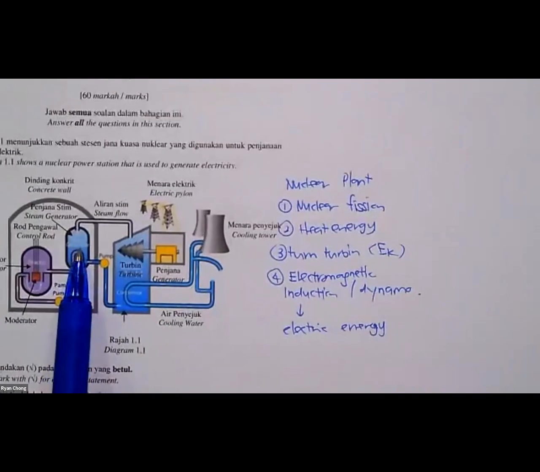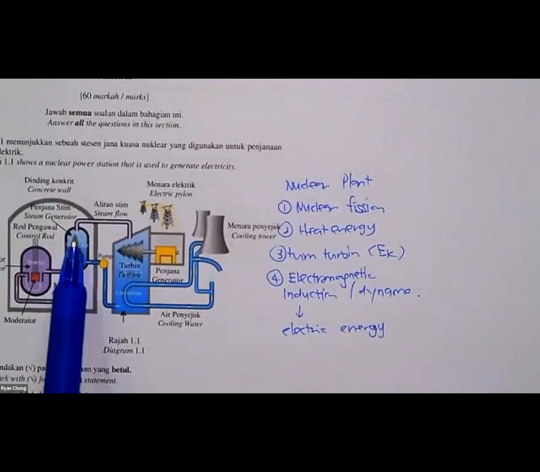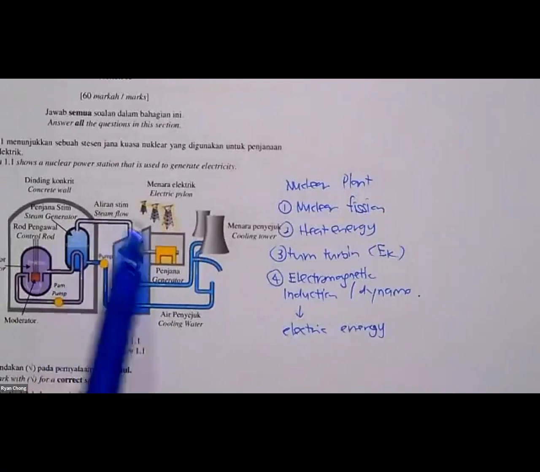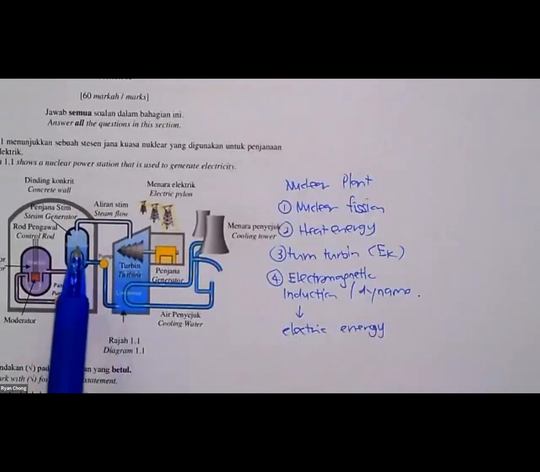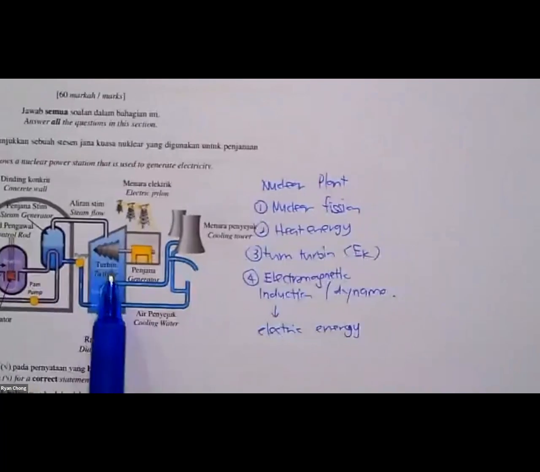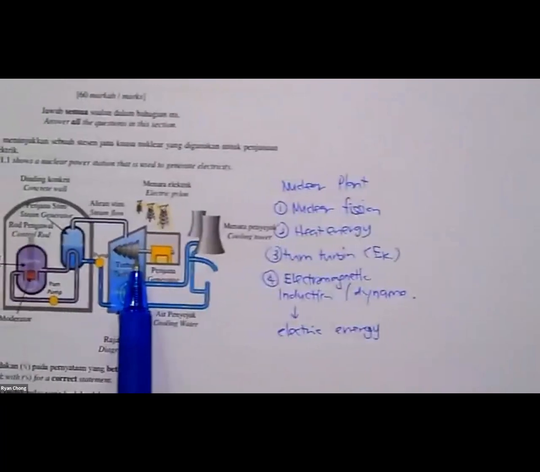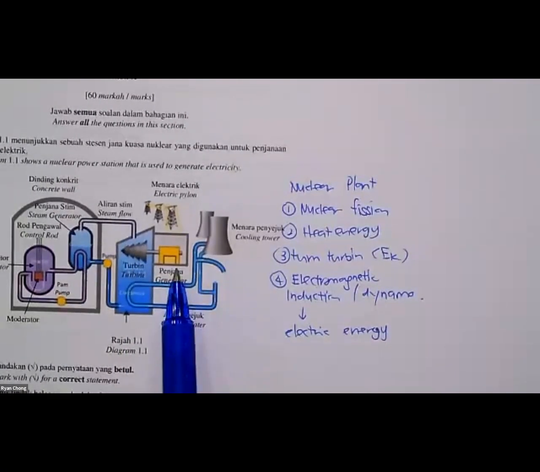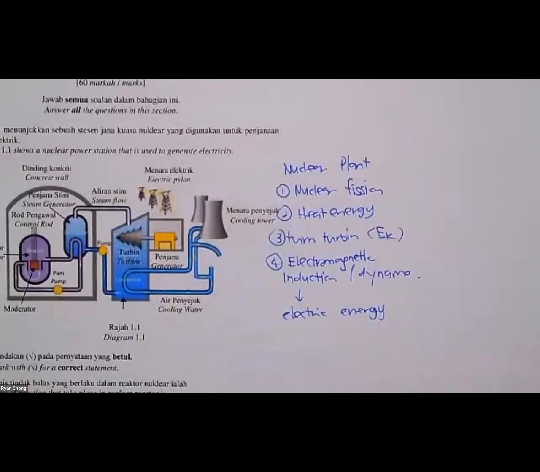The water will become hot. Hot water and cold water will have a motion, convection here. So when the water moves at high speed, it turns the turbine. Something turning inside your dynamo, you will produce induction. The induction produces electricity, the induced current. Okay, so 1, 2, 3, 4. That is the things that I just explained over here.